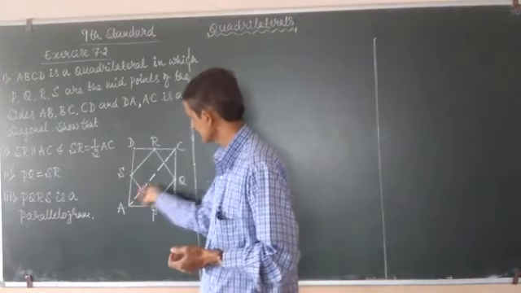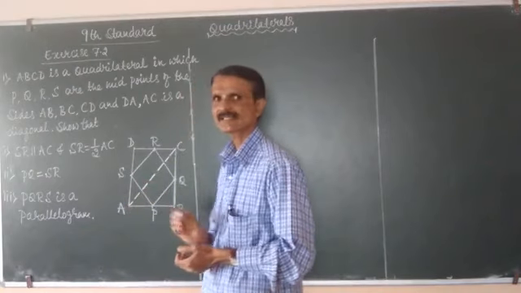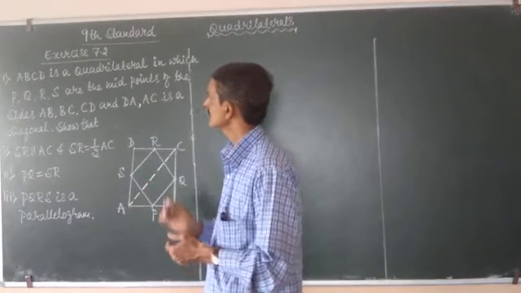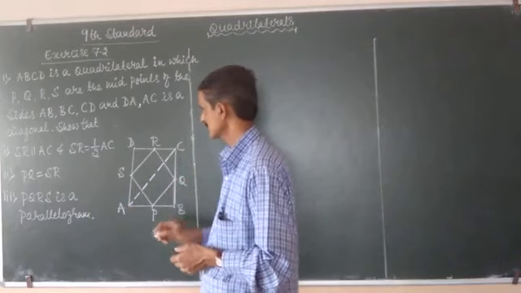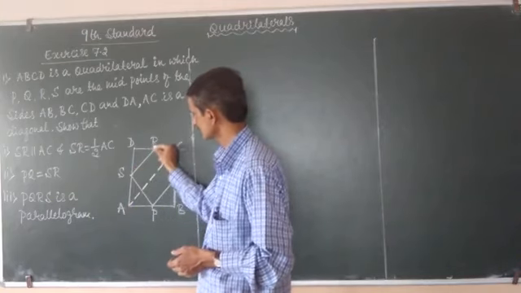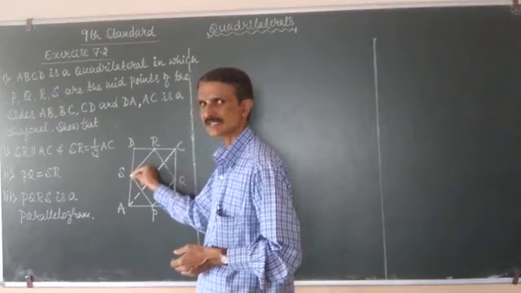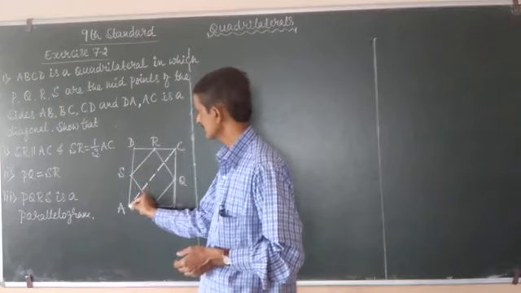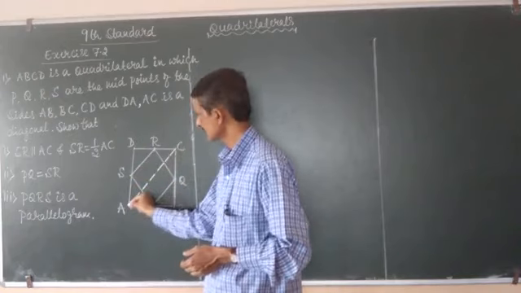And AC is the diagonal. Then we have to show that this line segment SR is parallel to AC.